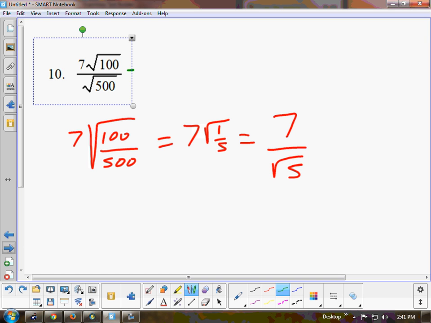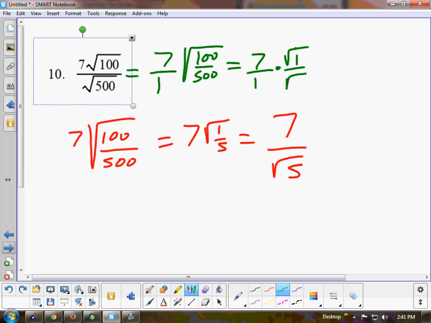I guess the best way to go is to do 7 on top. You could say 7 over 1 radical 100 over 500, and that's going to turn into 7 over 1 times, that's probably no good way to write this. 7 radical.